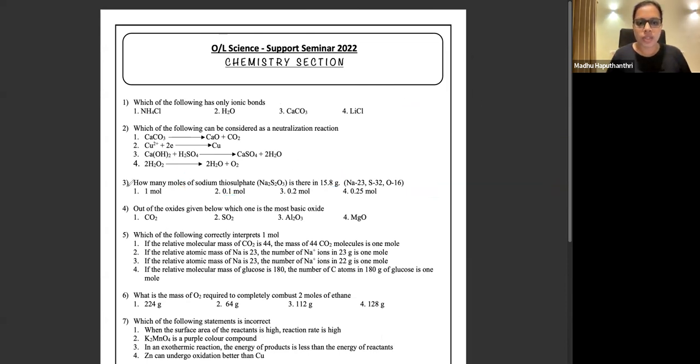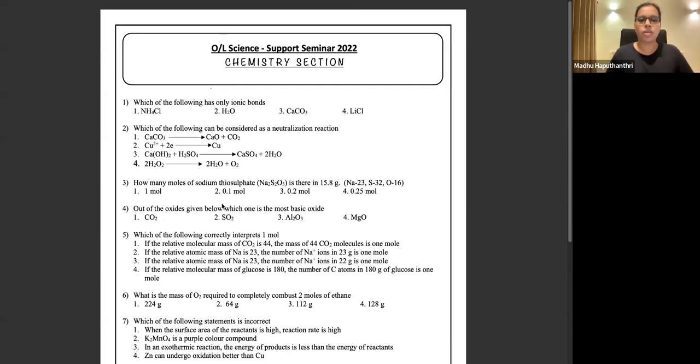Can I know whether the question number 3 is completely understood? All of you? Right. Okay, then we'll take the 4th one.